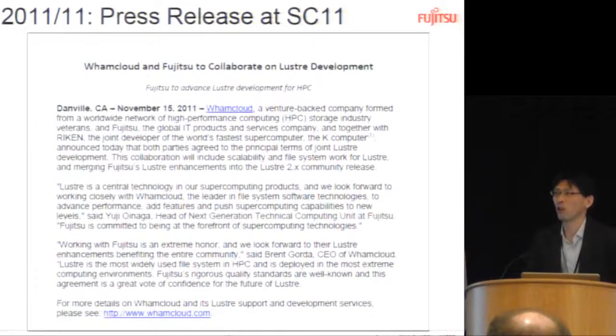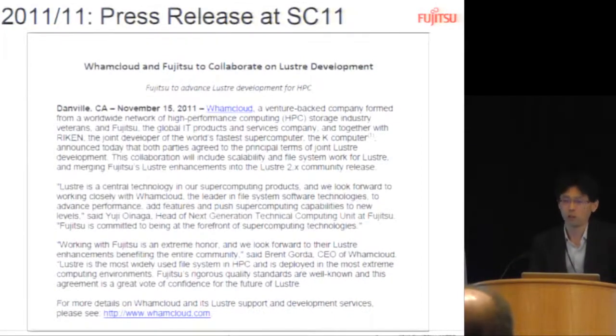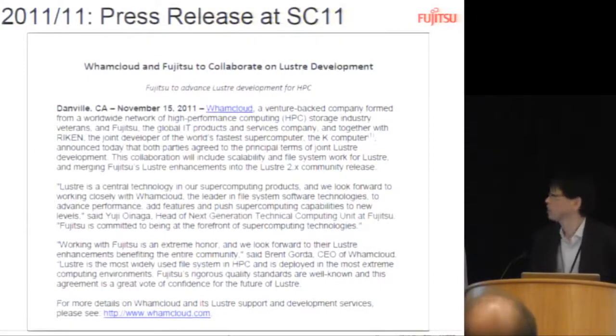But it did not work well because they were going to business with other Lustre. However, Whamcloud was developed in 2011, so our collaboration accelerated. We made a press release at SC11 that Whamcloud and Fujitsu collaborate on Lustre development. That was the beginning of our step.